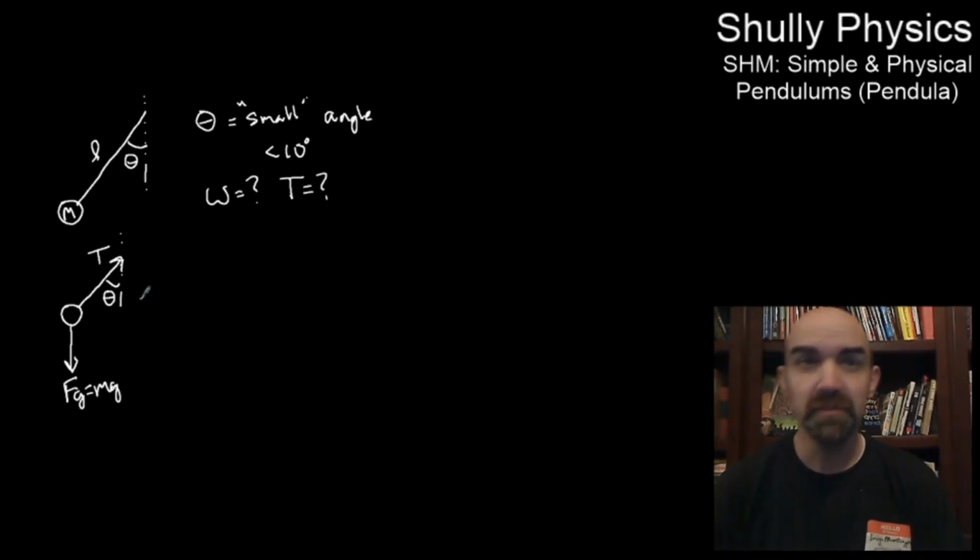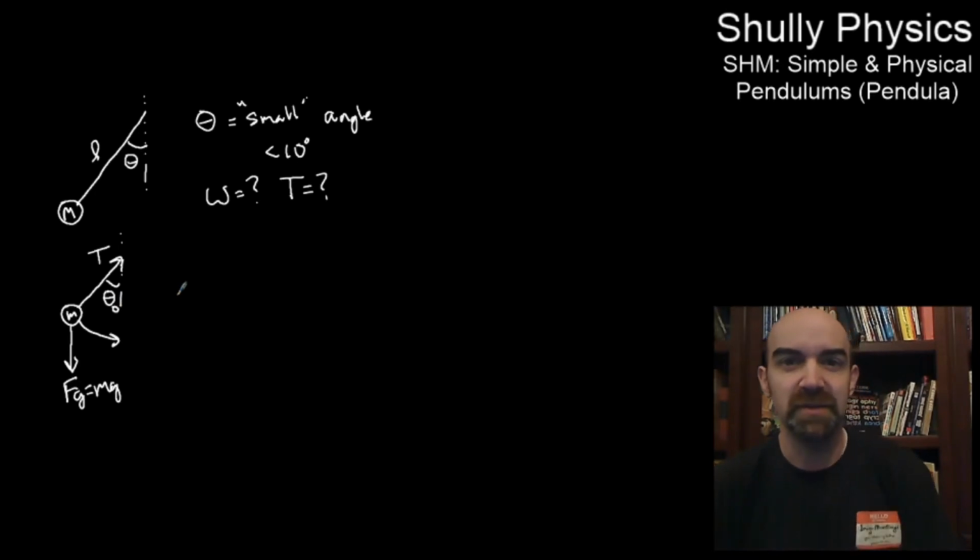Now, when this mass starts to move, it has a circular kind of motion. If we pull it to the side and release it, it has a circular motion. So what I'm going to do first is call this theta an initial theta.